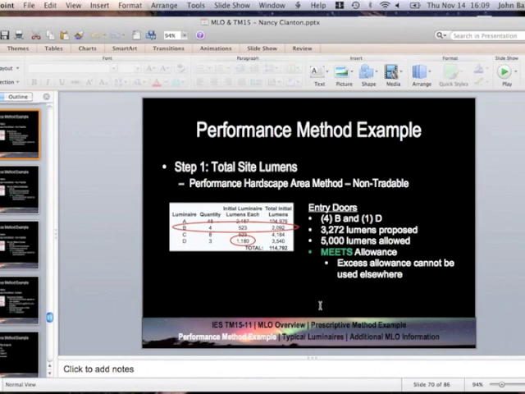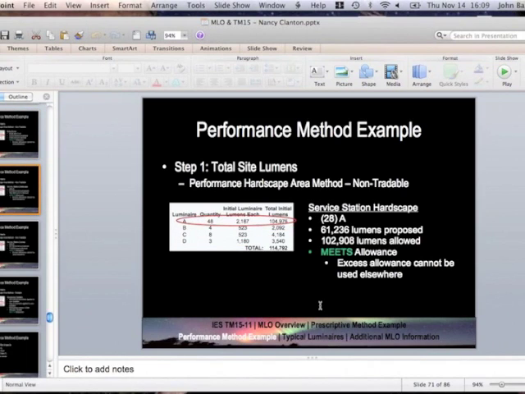So step 1, we'll go through all of the lights on the site, similar to what we did in the prescriptive method, and multiply them by the base case. And by going this method, yes, it meets the allowance. But this excess allowance cannot be used anywhere else on the site because this is only for the entry doors.